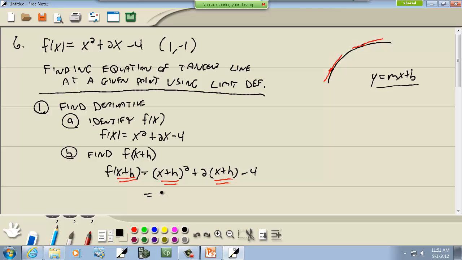Now x plus h squared, that you have to rewrite as x plus h times x plus h, because we have that plus in there. If everything's multiplication, that's where we square the x and square the h. Well, 2 times x is 2x, 2 times h is 2h, minus 4.